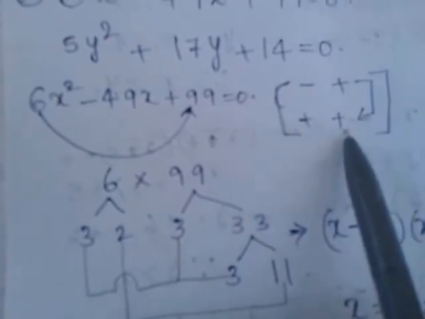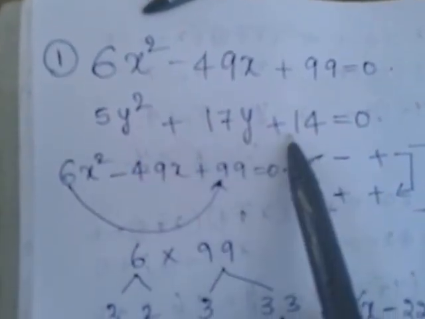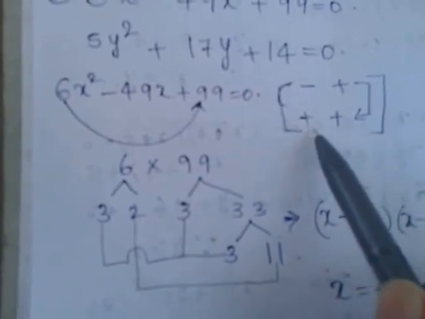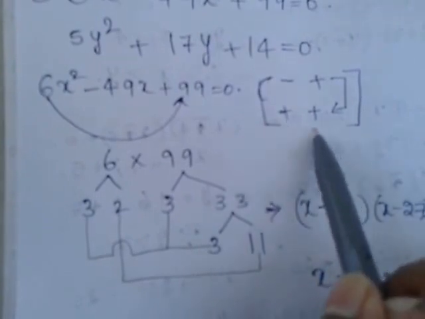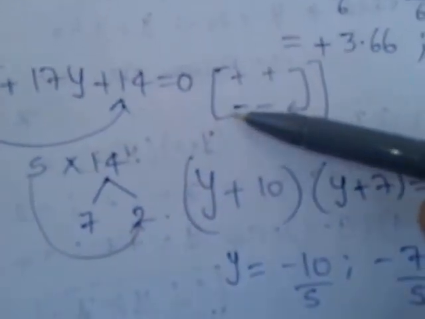I have told you in the basic class. And in the y equation you have plus and plus signs in the question, so what you will get is minus and minus. By seeing the signs itself you can easily compare. The x answers have plus and plus roots, root 1 is plus and root 2 is also a plus value. So here the y values are minus and minus.